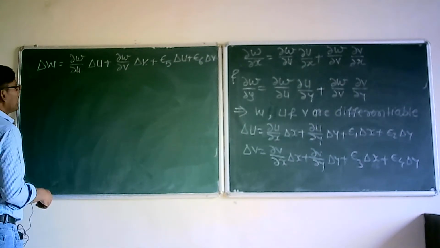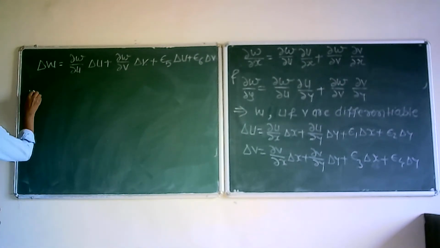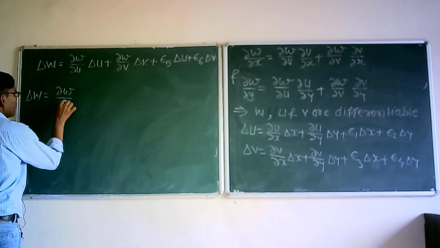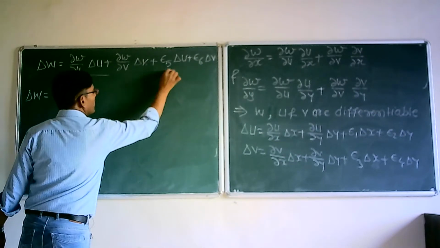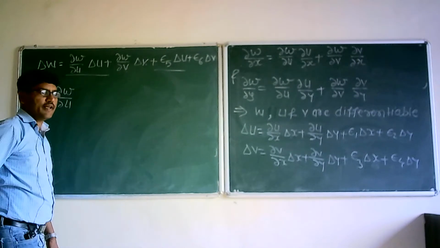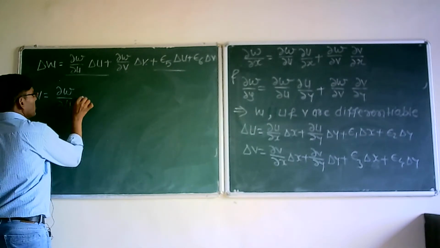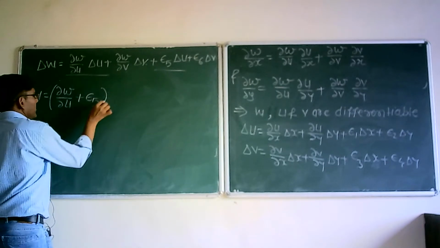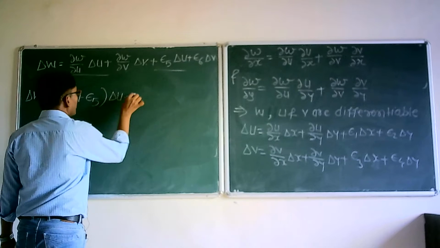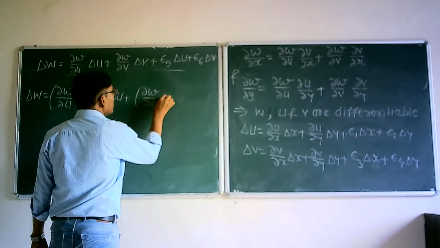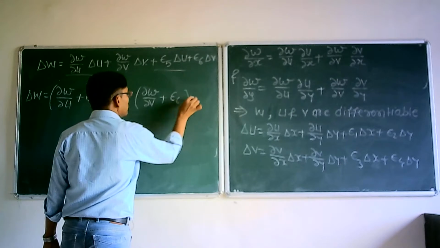From this last expression we can write delta w as: from the first two terms we take delta u outside, and from the remaining two terms we take delta v outside, giving delta w by delta u plus epsilon 5 into delta u plus delta w by delta v plus epsilon 6 into delta v.